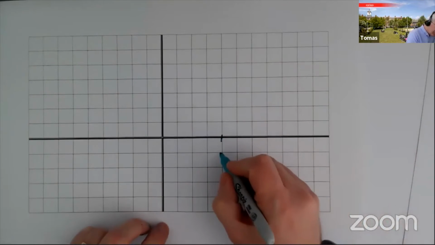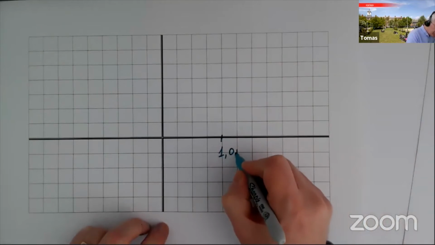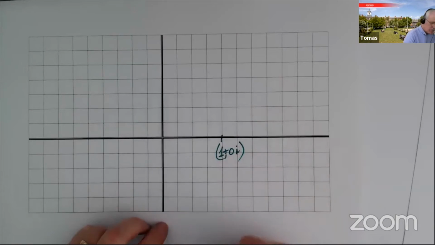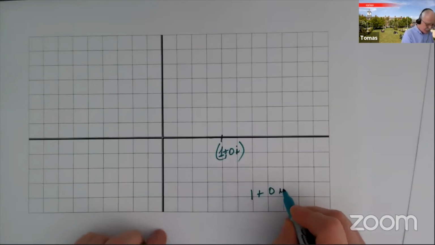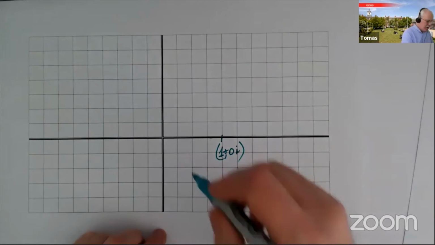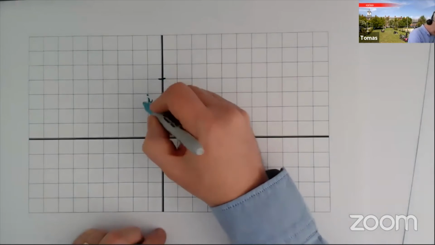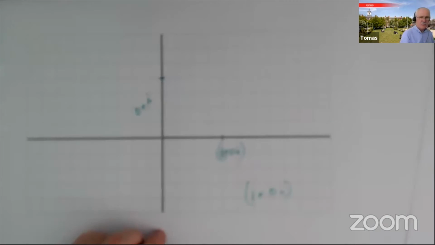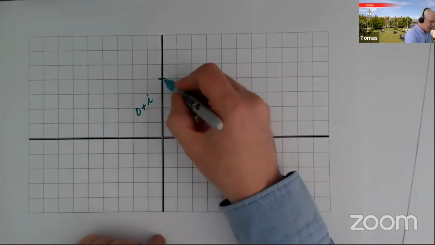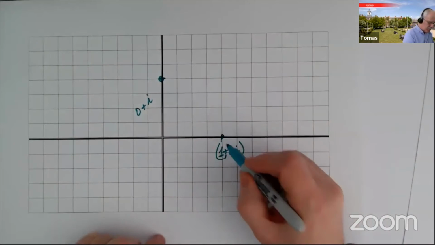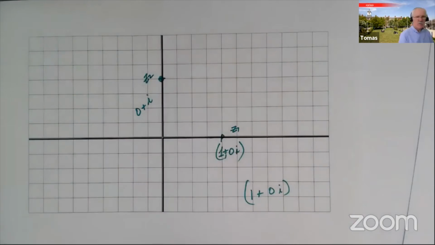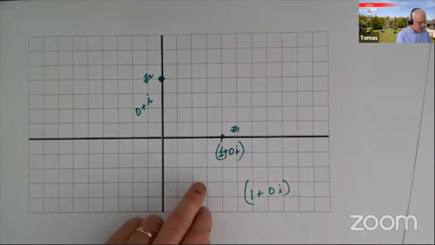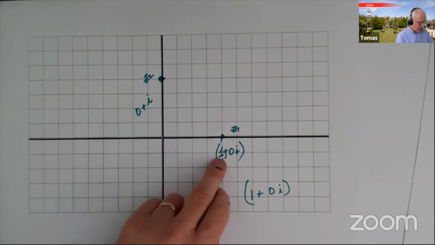And let's imagine that that's the point 1 plus 0i. Let's imagine that this one here is i, it's 0 plus i. So that's the point 0 plus i, and that's 1 plus 0i. So that's Z1, and that's Z2. If I multiply 1 by i, I end up with i.